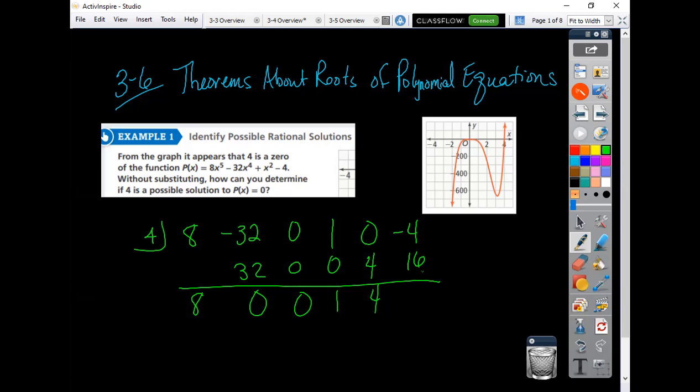So if I didn't make a mistake here somewhere, I would say that 4 should not be. Do a quick little double check here on that equation.